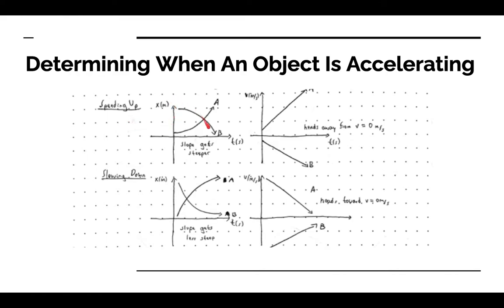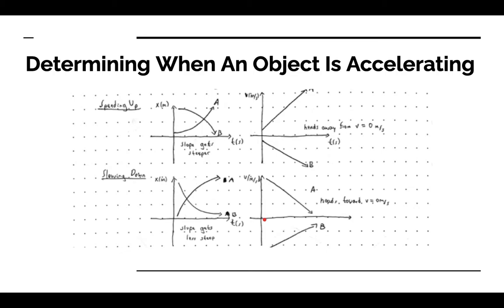When an object is speeding up, the slopes of the position versus time graphs get steeper, and on the velocity versus time graphs we move away from the 0 meters per second mark. While we're slowing down, the slopes of the position versus time graphs get less steep, and the velocity versus time graphs head towards the 0 meters per second mark.